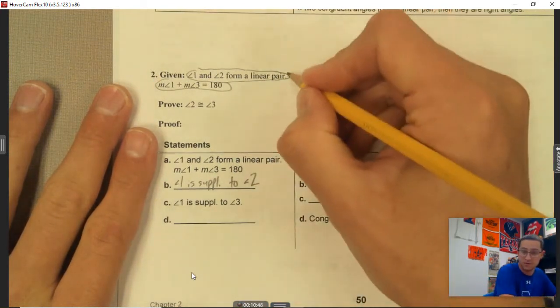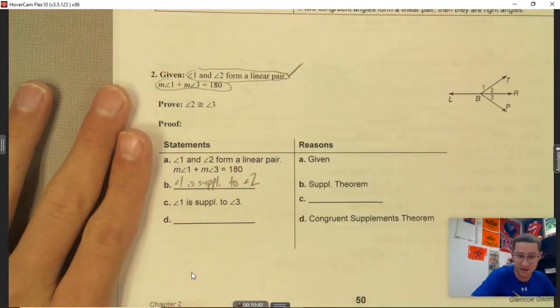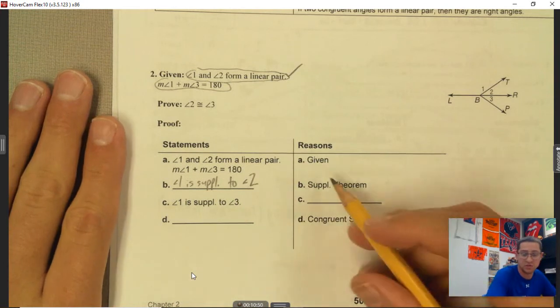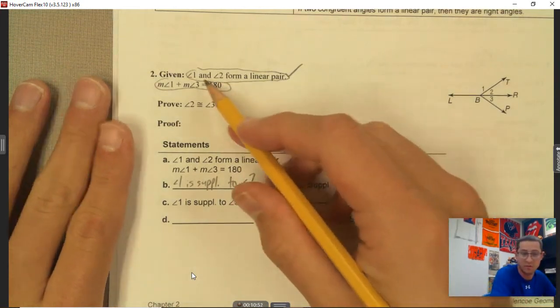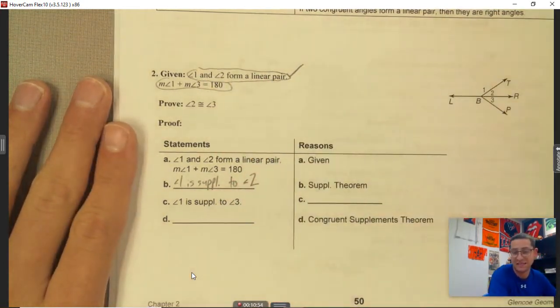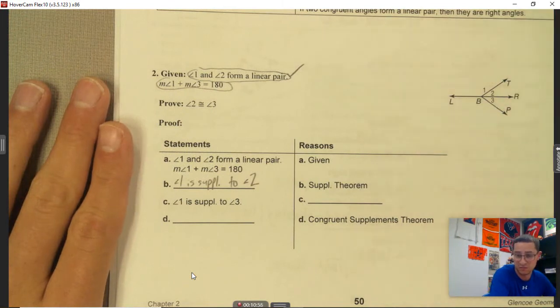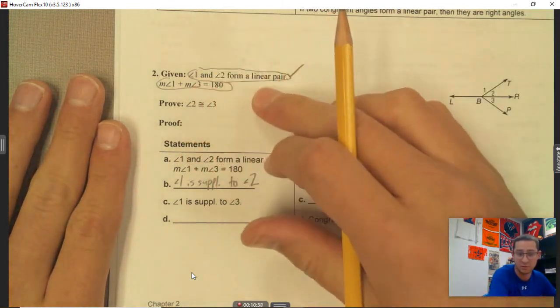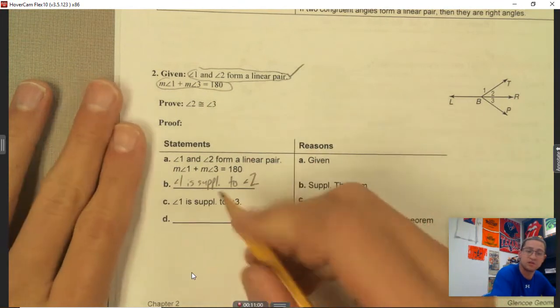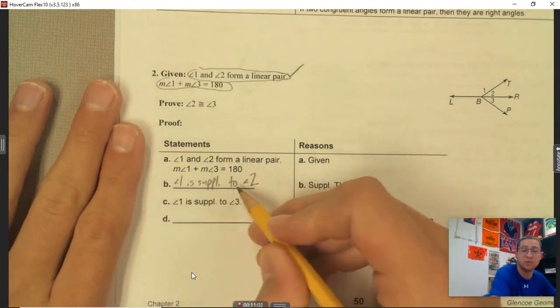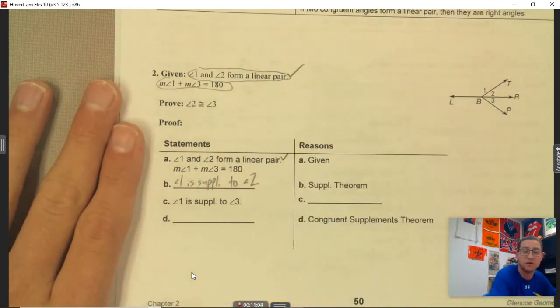And we've now extracted information from that, and that is just using the supplement theorem. If angles form a linear pair, then they are supplementary. So that's why we know angle 1 is supplementary to angle 2. So we've used this.